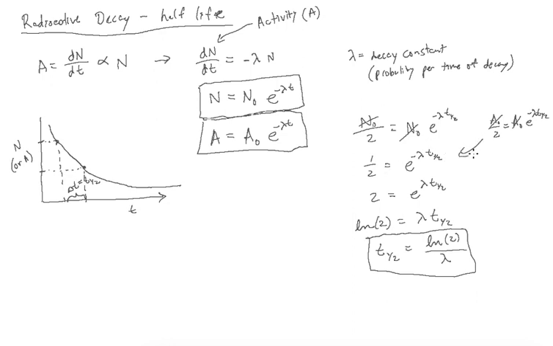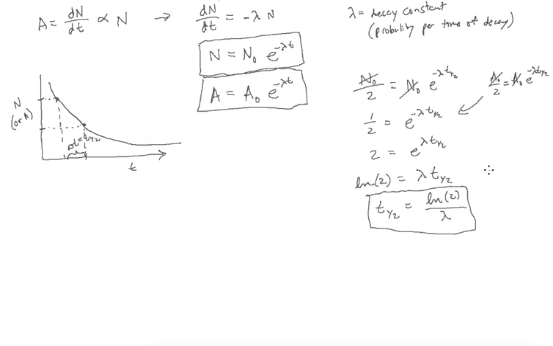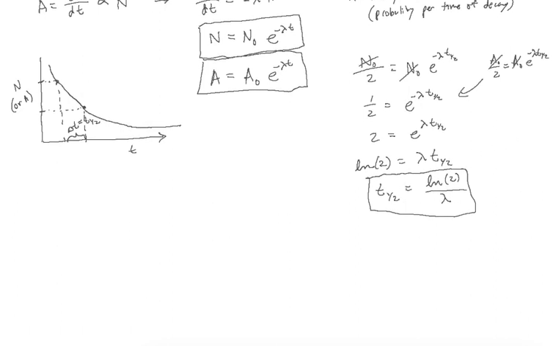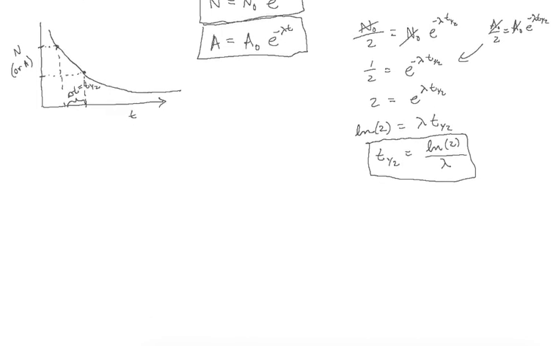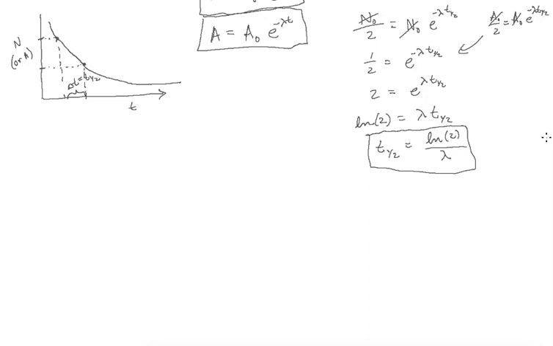So you could continue on from this step and get the same result with activity or without. But basically, that's how you can look at the activity of something and calculate its half-life just by measuring that activity, the rate at which it is decaying, right? dN/dt.